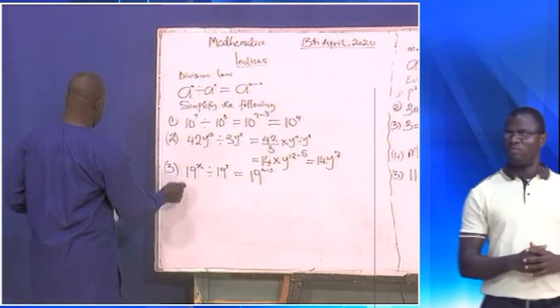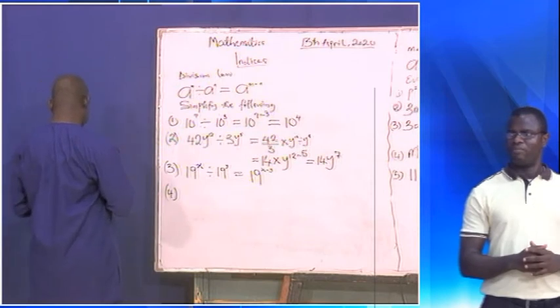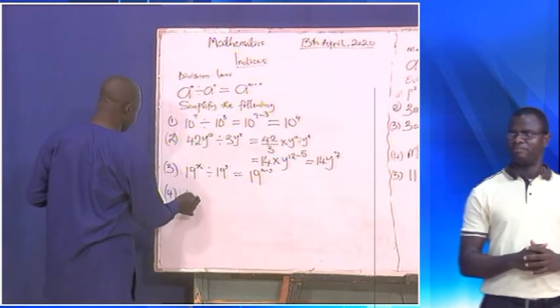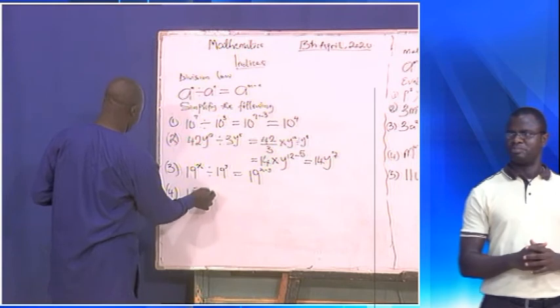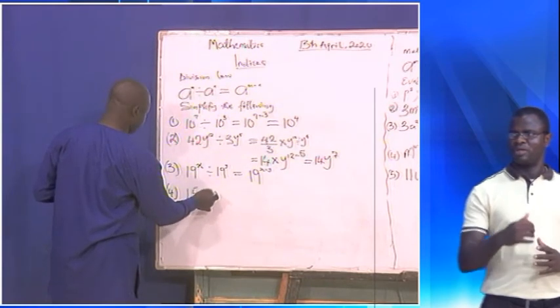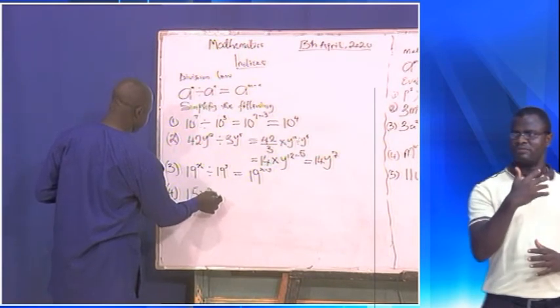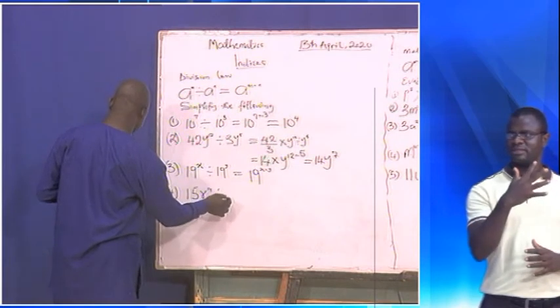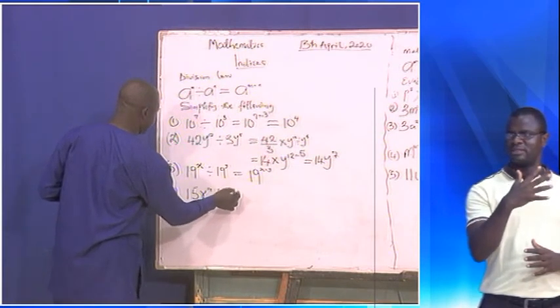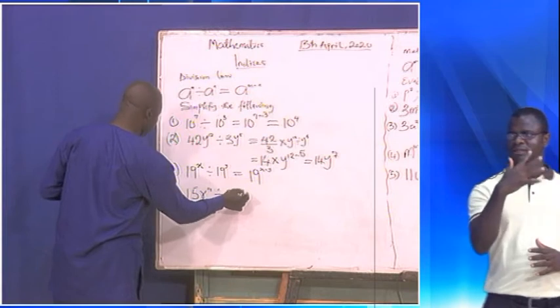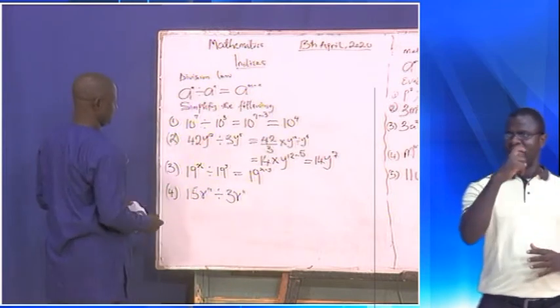If we move to the fourth question, it says 15r raised to power of 14 divided by 3r raised to power of 11.